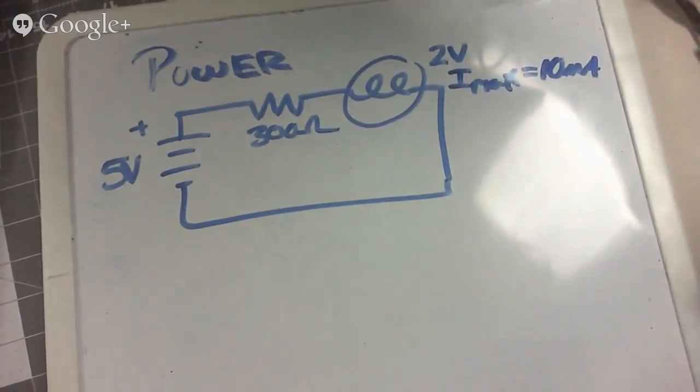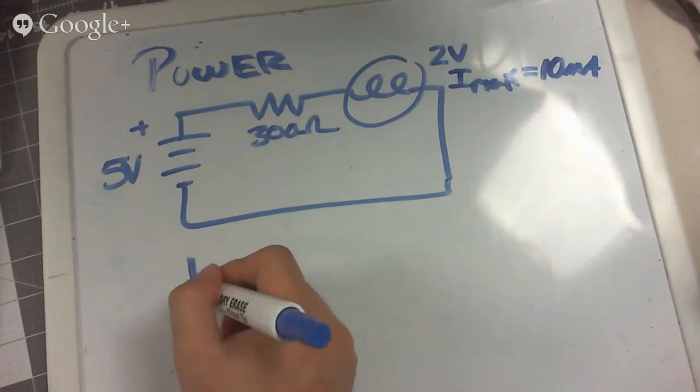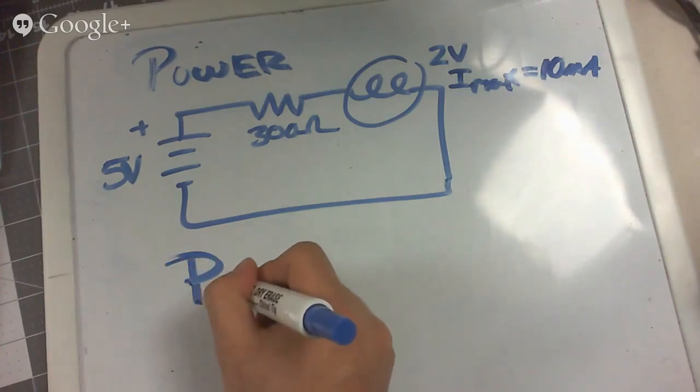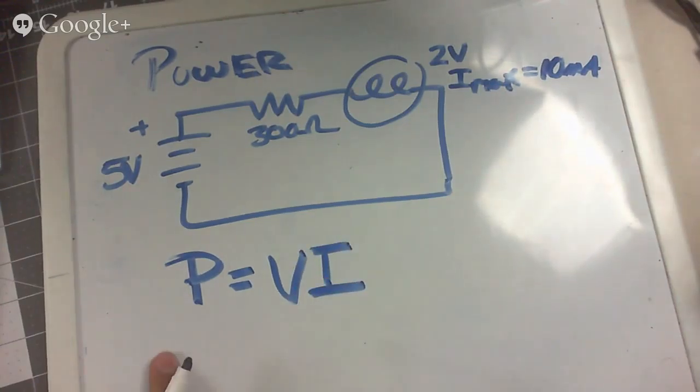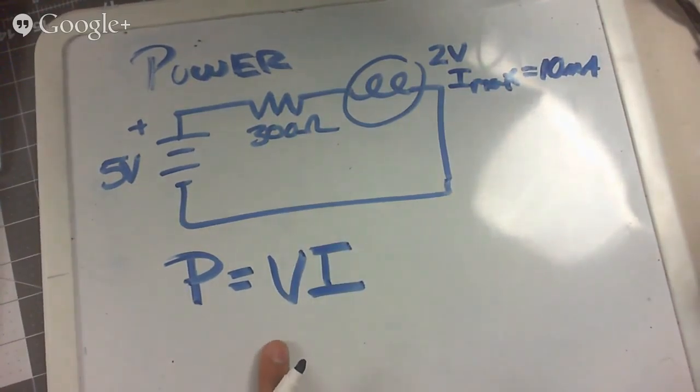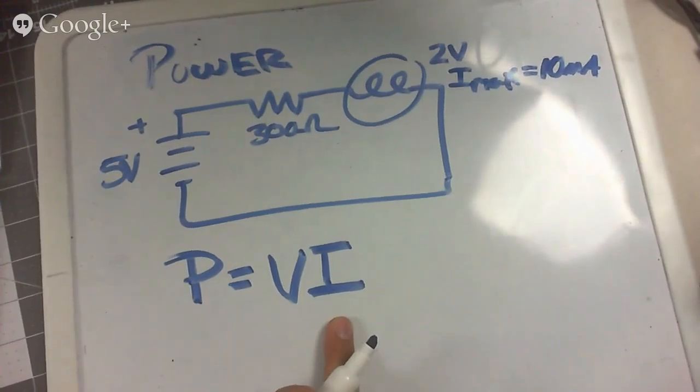You have to size it both in terms of the resistance and its power rating, so that you, again, don't get a component that fries when you try to push too much current through it. And that equation is power equals VI. Power equals voltage across the component times the current through it.